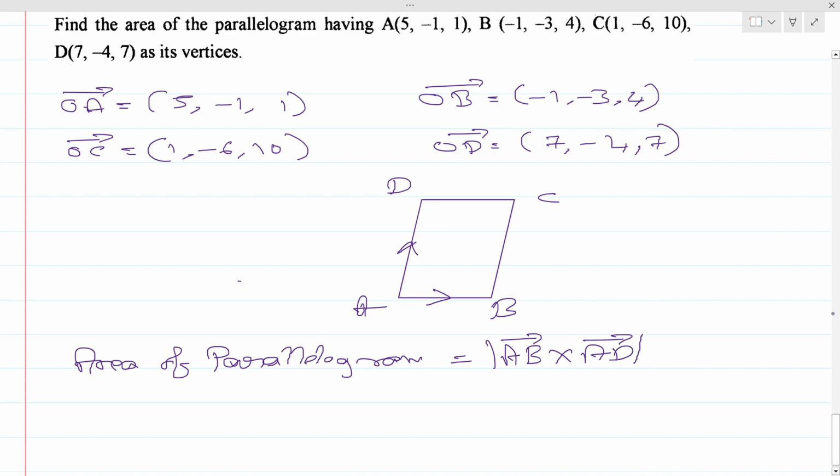The magnitude of the cross product of the two adjacent sides of a parallelogram. So vector AB is obtained by OB minus OA.